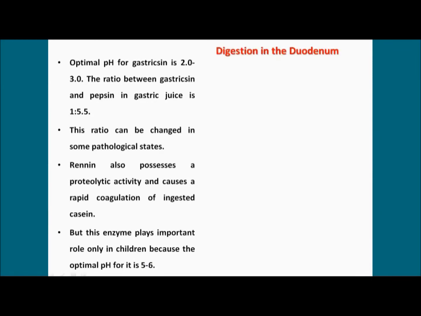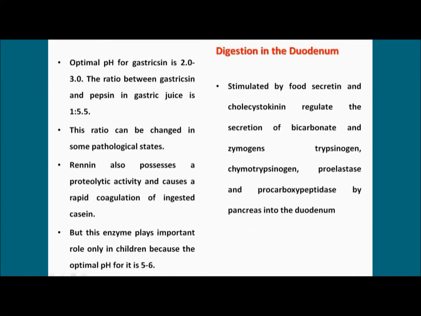Now, digestion in the duodenum. What is the role of the duodenum and how is protein digested in the duodenum? First of all, you should know that stimulation by the food, secretin and cholecystokinin regulate the secretion of bicarbonate.